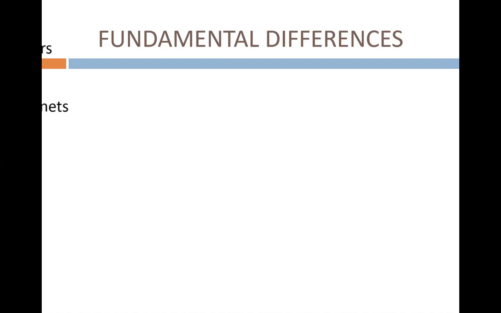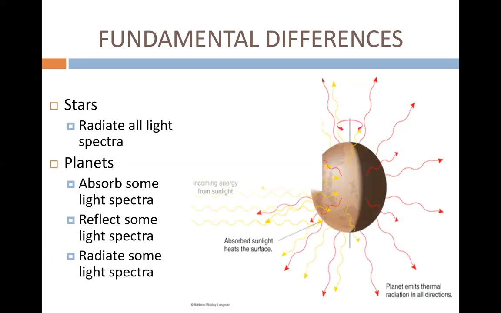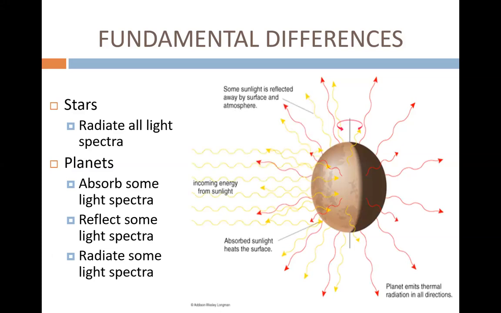But for this slide, we want to focus on some differences and, to some extent, similarities between these two dominant objects in our solar system. One of the things we said in chapter 5 is that a black body object, like a star, like the sun, is unique in the sense that it will absorb and emit, most importantly, every color of light, ideally in equal amounts.